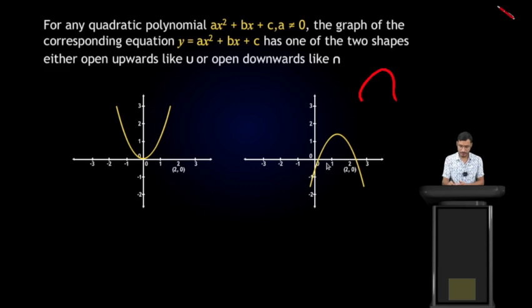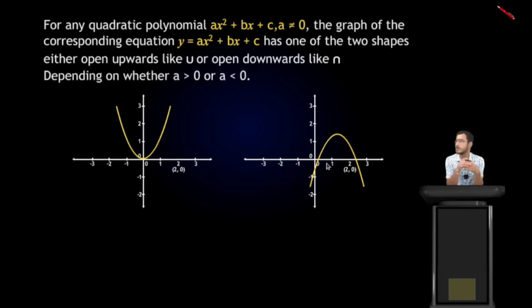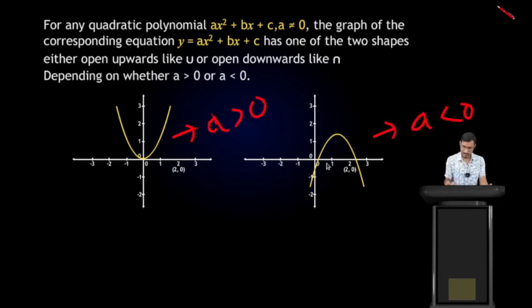Here it opens downwards, here it opens upwards. These are the two representations of the graph of a quadratic polynomial, one in the upward direction and the next in the downward direction. It depends on whether a is greater than 0 or a is less than 0. In this case a is greater than 0 and in this case a is less than 0.